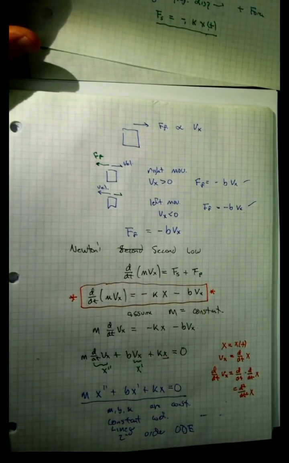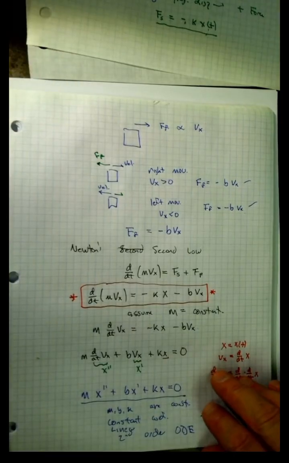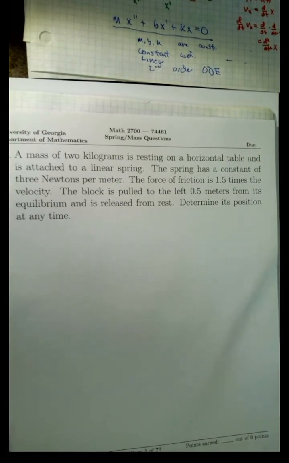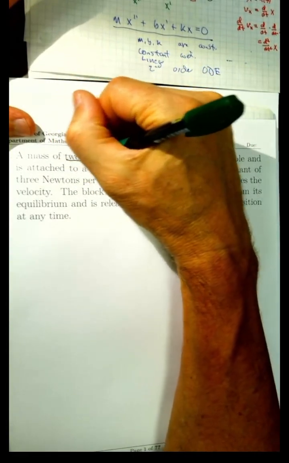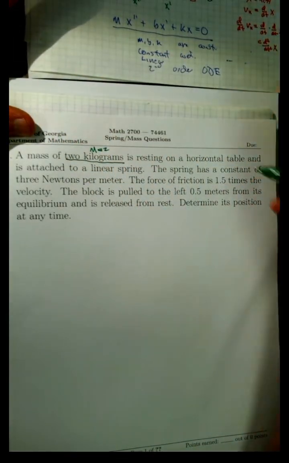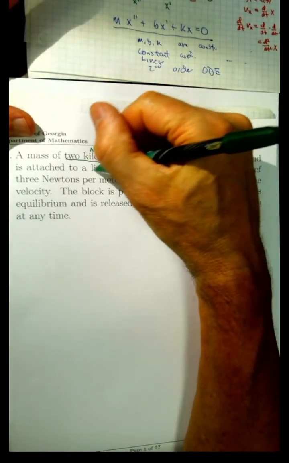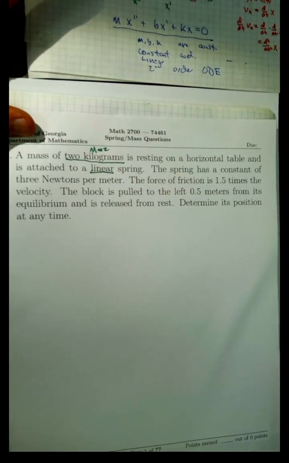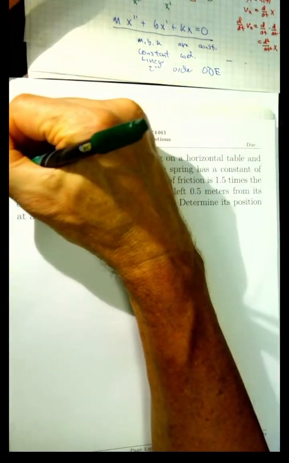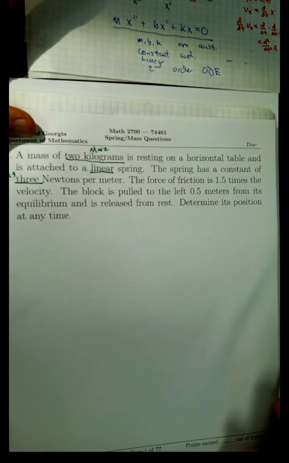Okay. So let's look at an example. So for example, I've got a mass of 2 kilograms. It's on a horizontal table and is attached to a linear spring. And the constant is equal to 3. So we have k equals 3.